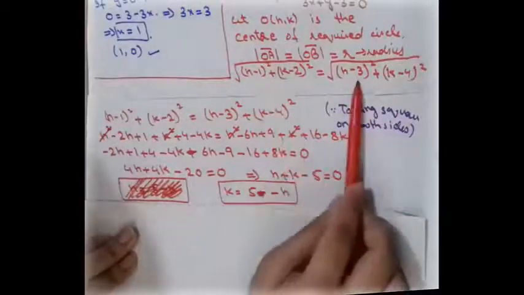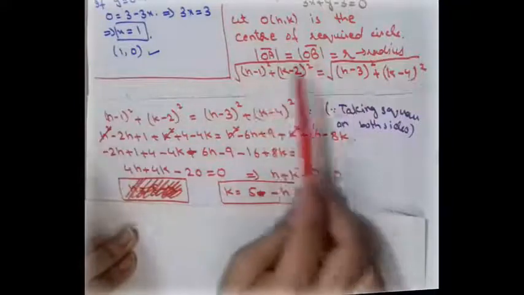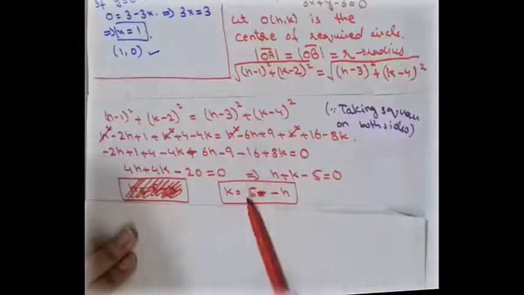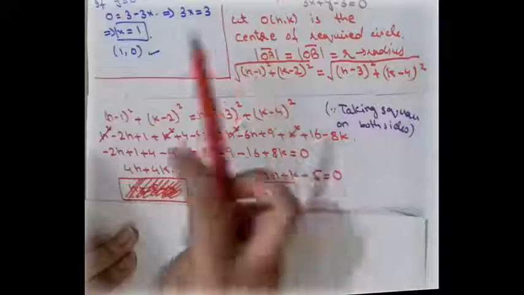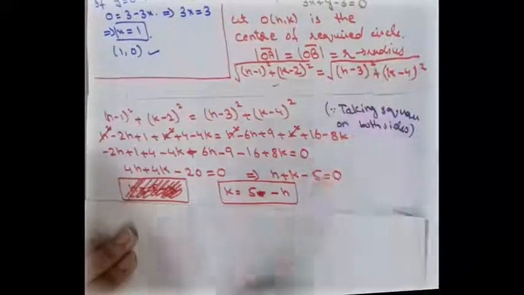This means both of these distances are equal, so if we put the value of k in any one of them, it doesn't affect the answer. So I will put this value of k in this factor; you could put it in the other as well.